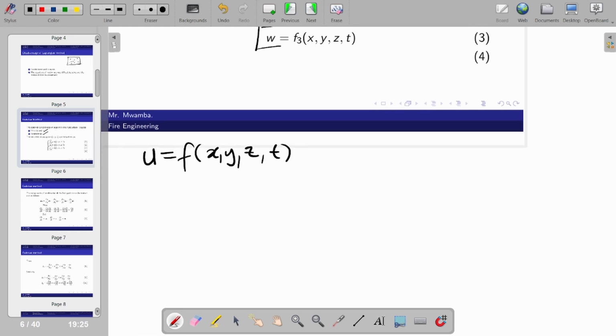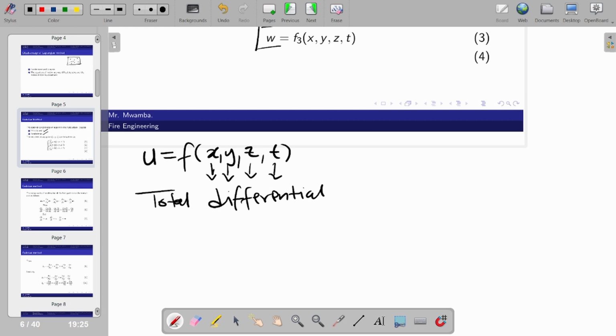So to find the acceleration, you must find the change in x of this v and time of this particular particle. To do this, we find what is known as a total differential.